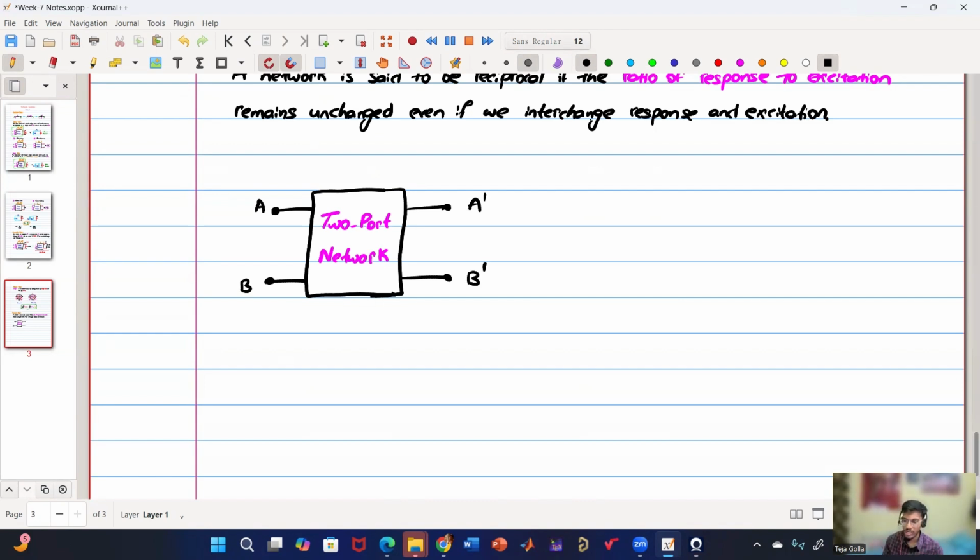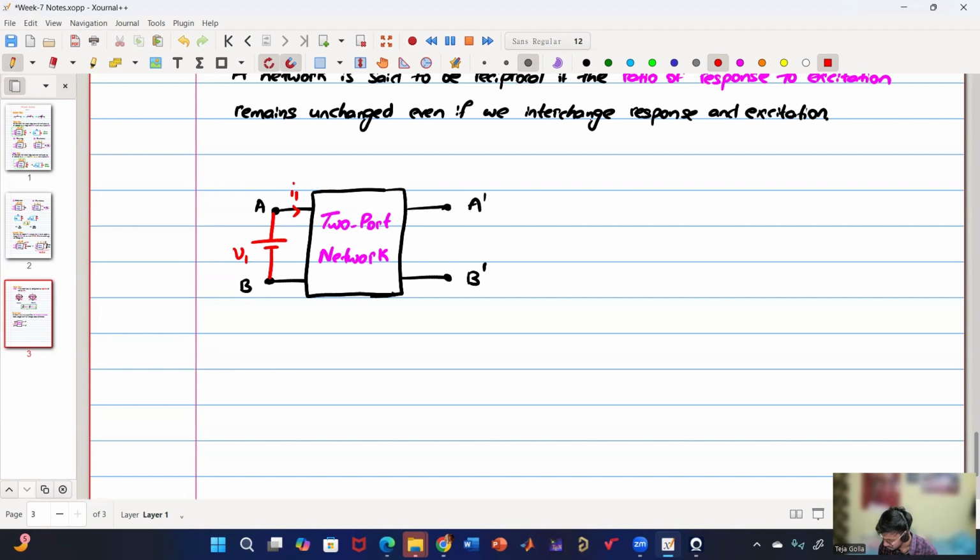Whenever you are giving some input to the port, input to the circuit, that is called excitation, because you are exciting the circuit maybe with a voltage source or with a current source. Say I'm exciting it with some voltage V1, and this current may be I1. Then on the other side, I am getting the response.